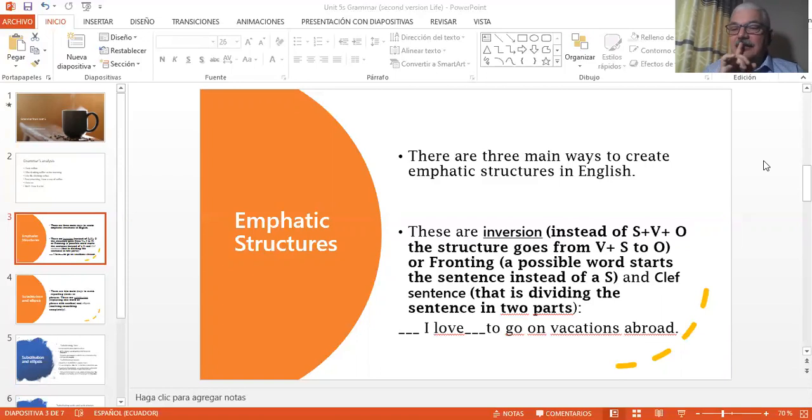Then, the first thing we may refer to is the case of what. The WH word what corresponds to one thing. And in that case, in the example I was mentioning, going abroad on vacations, well, that's what I like.